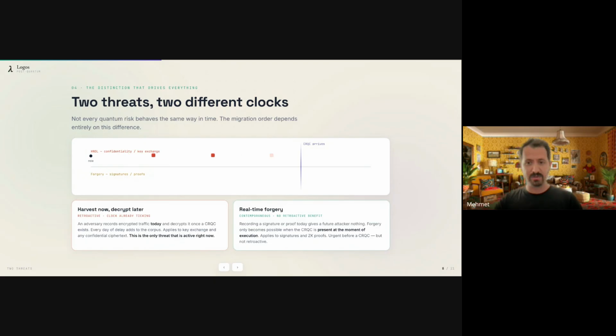The other attack scenario is real-time forgery. This attack is important for signatures and proofs, zero-knowledge proofs. It matters only once there is a cryptographically relevant quantum computer.